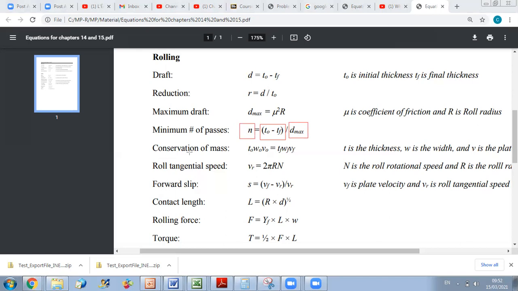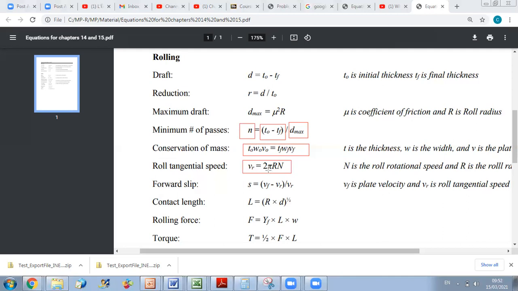Now, from conservation of mass, we can relate the input parameters to the output parameters: t0 w0 v0 equals t final w final v final. Concerning the roller tangential speed VR, you know that the linear speed is omega times r, angular velocity times r, and omega is 2 pi n.